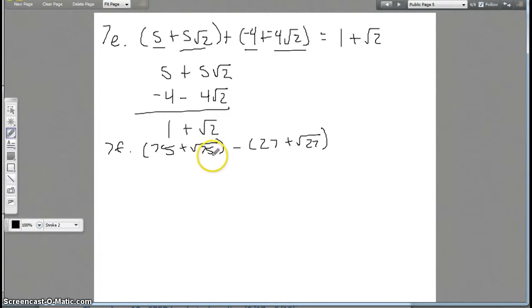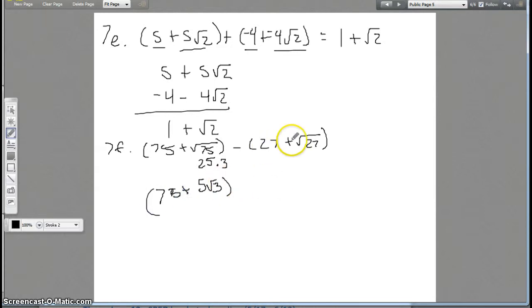We also have 3 and 25. That one is useful because 25 is a square number. So I'm going to write this as 25 times 3. We know that the square root of 25 is 5, so we can rewrite this 75 as a 5 root 3. So this is 75 plus 5 root 3.